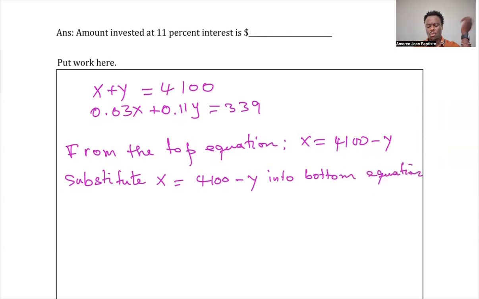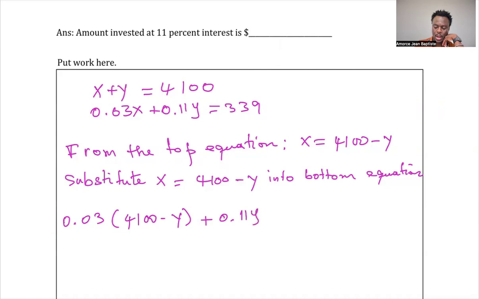Okay, and then what do we get now? That's going to be 0.03 times (4,100 minus Y) plus 0.11y equals 339.